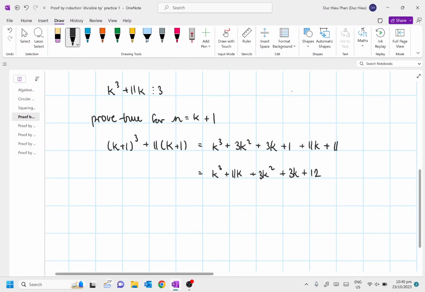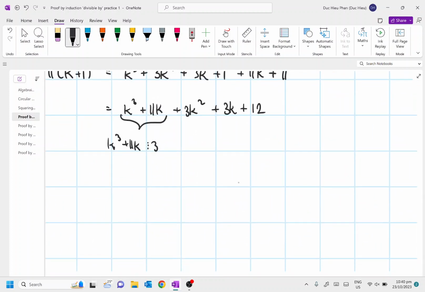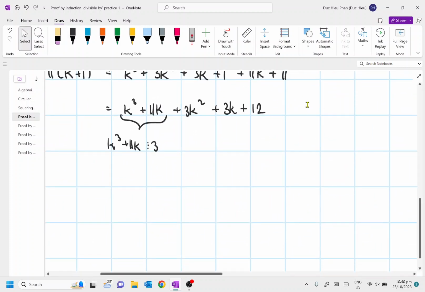So now we know that this is divisible by 3, because it was up here and we assume true that it is divisible by 3. So in actual fact, we don't need to prove that this part is divisible by 3 anymore. And so we can just move on to working on this part back here.